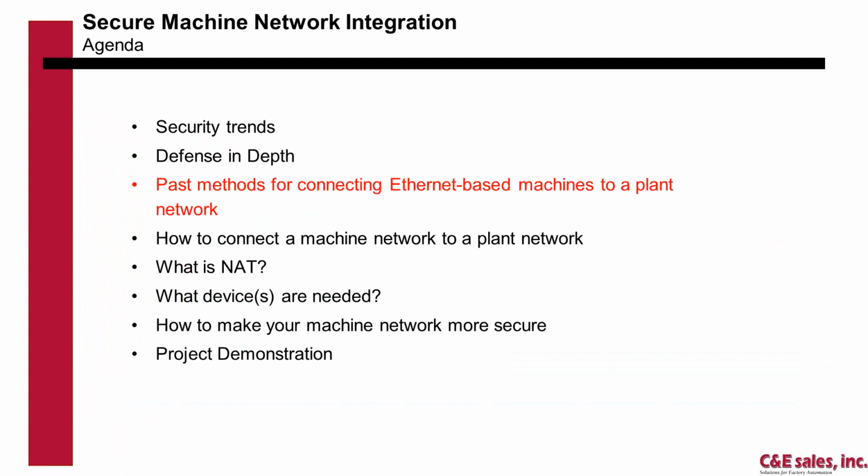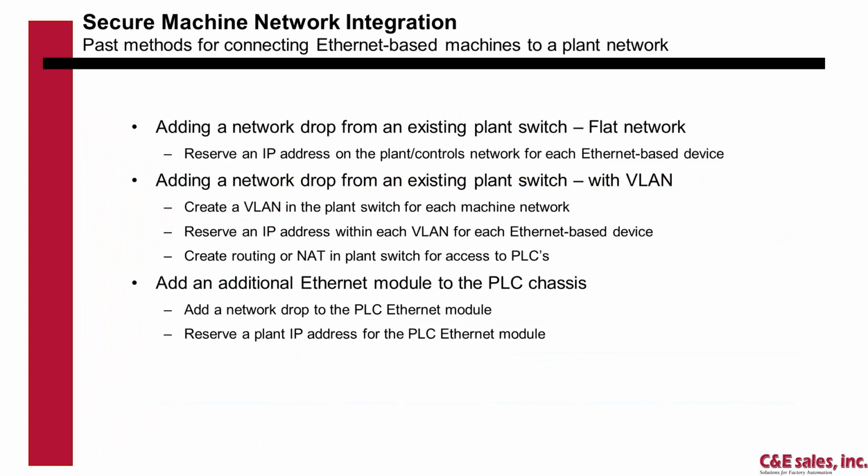Past methods. These are the methods that we've most commonly used for implementing an Ethernet-based machine to a plant network. I've done a lot of these, and initially our only goal really was connectivity. So the first approach, and probably the most common, is to simply, okay, I've got a new machine, a handful of Ethernet devices. Initially when we did these, it was just the PLCs that had Ethernet.